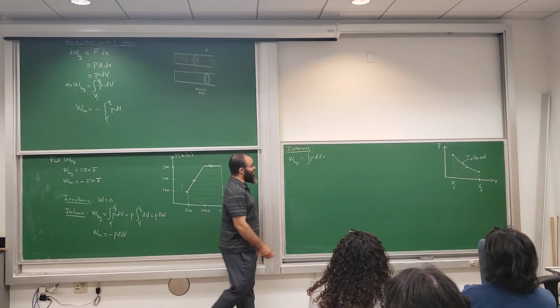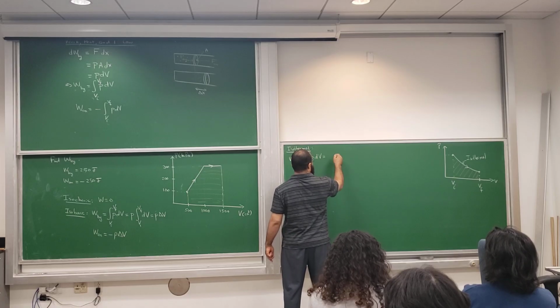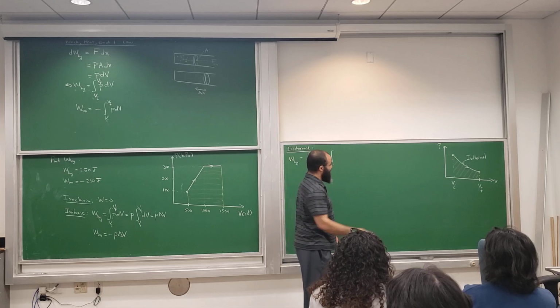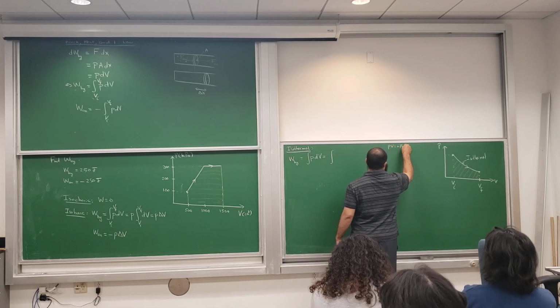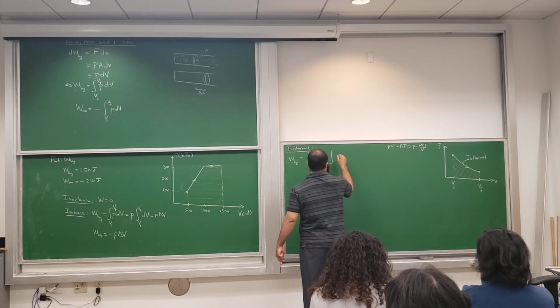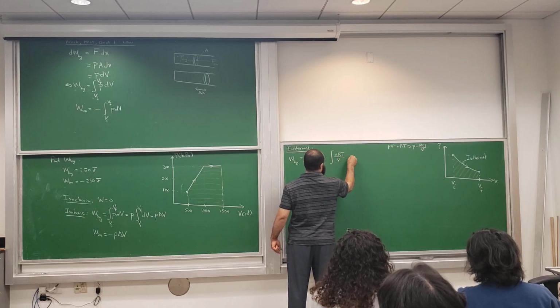Yeah, use the ideal gas law. So using the ideal gas law, you can replace the pressure by what? nRT over V. Yes, because the ideal gas law says PV equals nRT, then P will be nRT over V, right? Okay. So nRT over V dV.